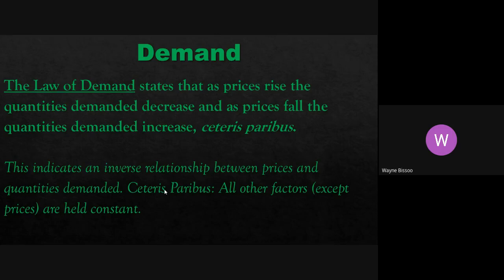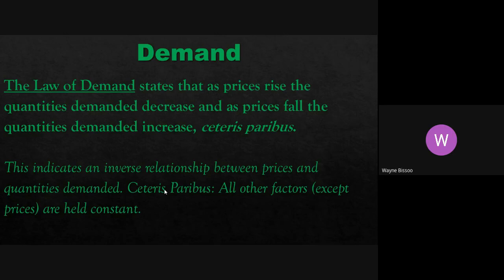In scientific experiments, what we try to do is to change one factor at a time only, and that way observe what happens when we change one factor at a time. If we don't do that, then we can't really make laws about these things, because then we'll be guessing. If we change price and some other things simultaneously and we get this reaction, then we can't trust that this is the only reaction that prices will have on our quantities demanded.